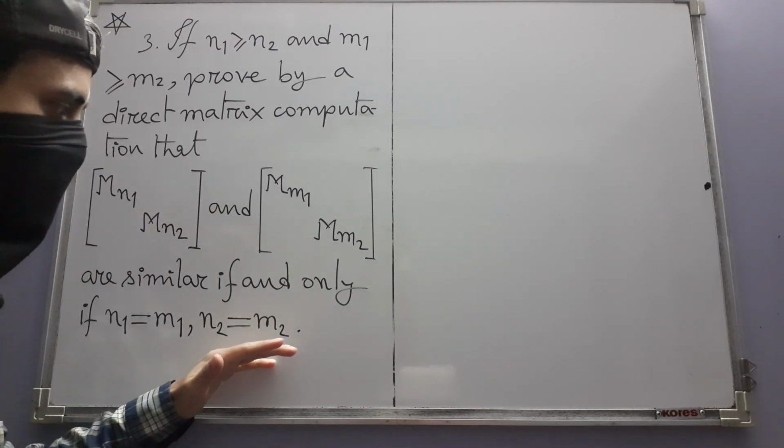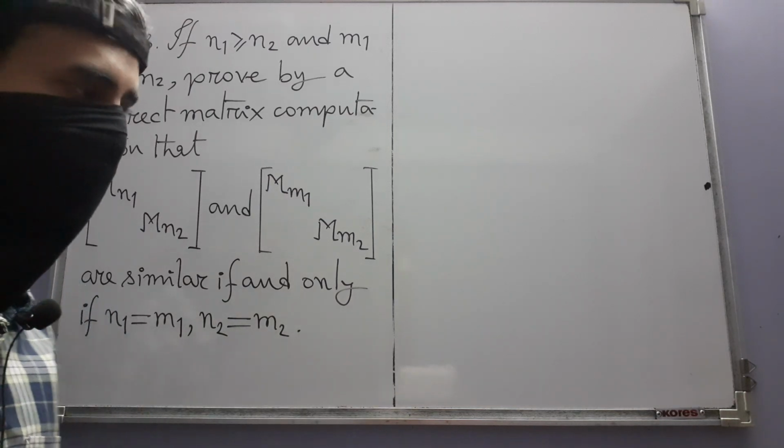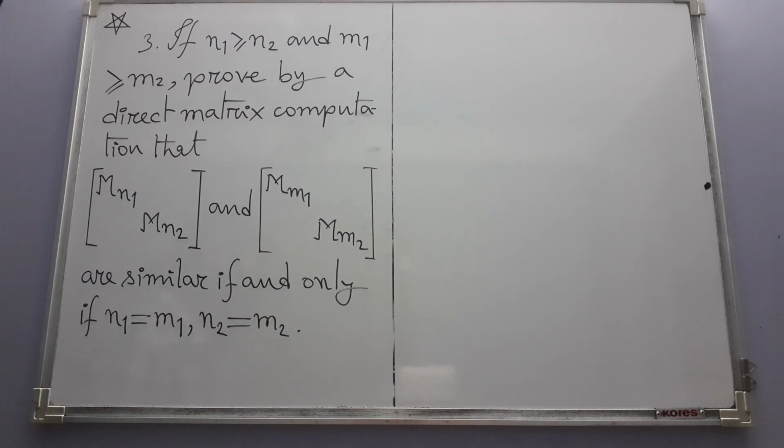So one half we can simply mention at the end of the solution, or if you want we can mention it now also. Let's just start the solution like that.